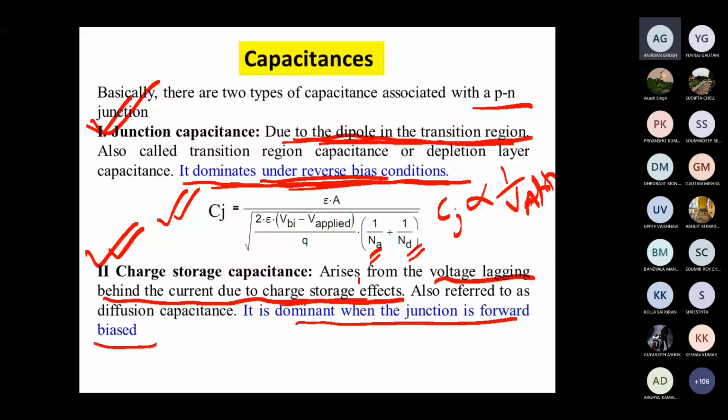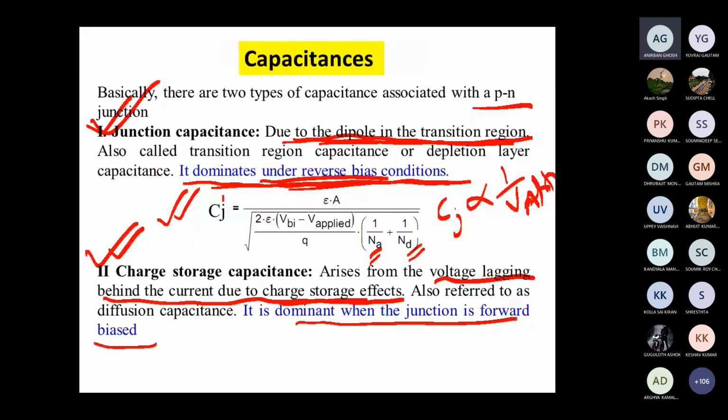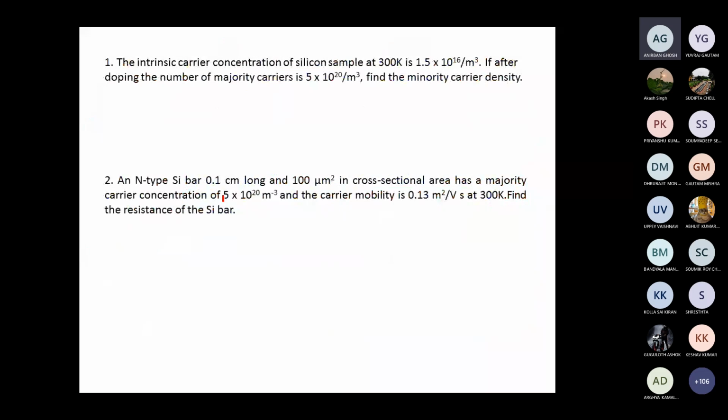In reverse bias condition the junction capacitance value is high. So these are, qualitatively, the junction capacitance terms. So far, whatever is in the syllabus of module 1 and module 2, I have covered. If you want some numericals, I can discuss them here.